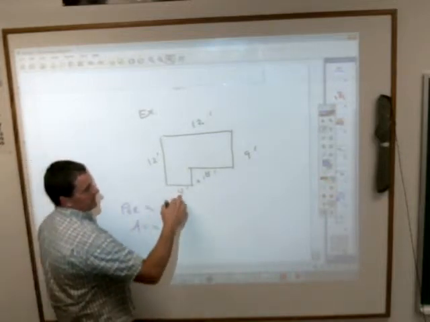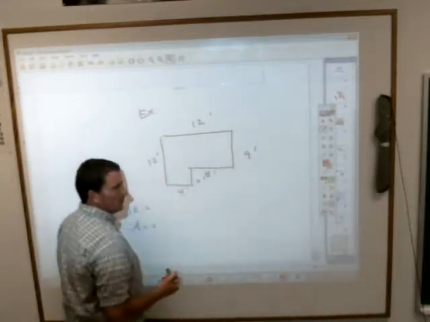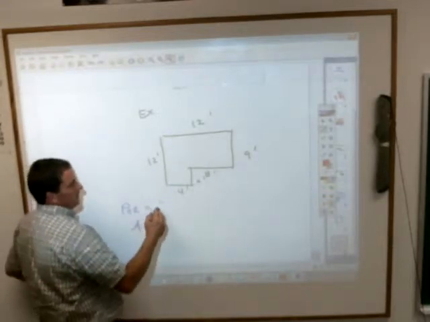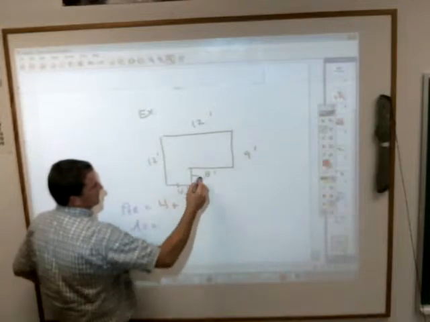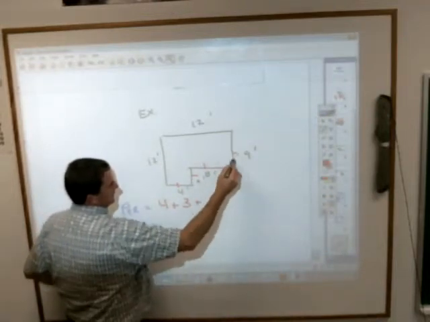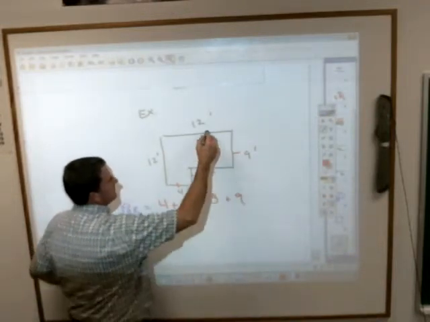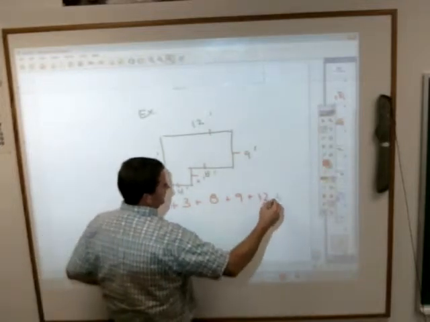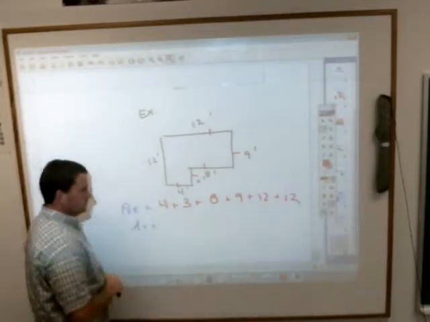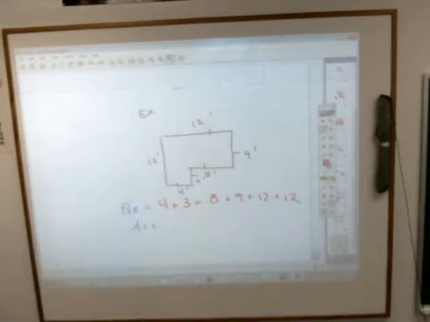So the perimeter of this, and again, the reason you do it is so that you can mark off the stuff that you did. You'd add 4 plus 3 plus 8 plus 9 plus 12 plus 12. Now, for those of you that think along on a different level, there's actually an easier way to do that.